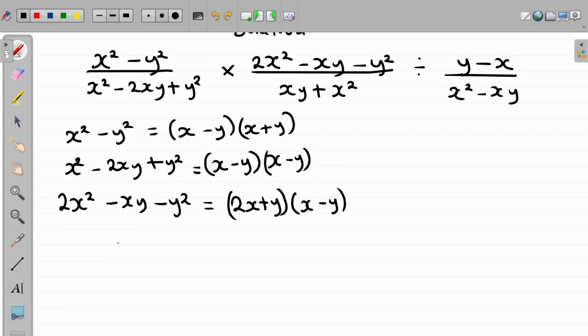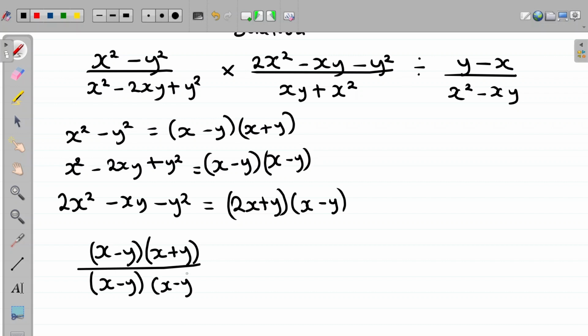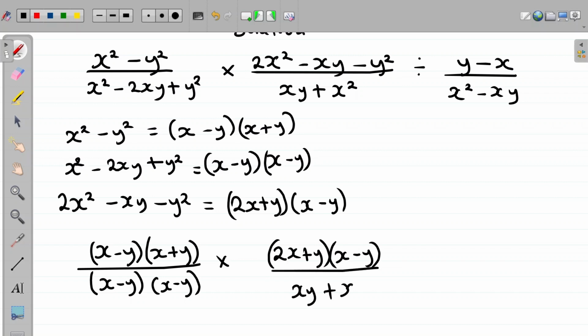Now, let us substitute all our expressions. Our fraction becomes x minus y, x plus y divided by x minus y times x minus y multiplied by 2x plus y times x minus y divided by xy plus x squared, all divided by y minus x divided by x squared minus xy.